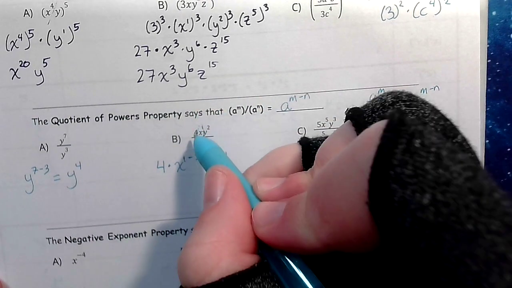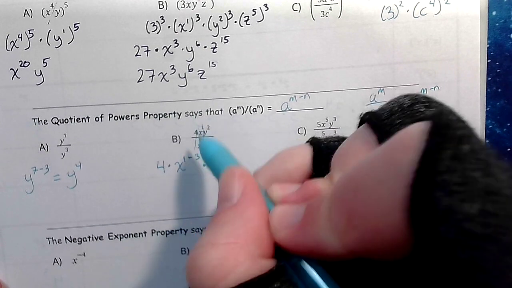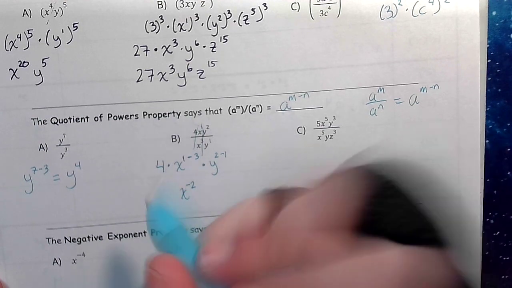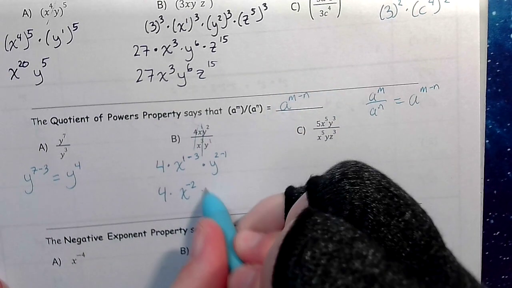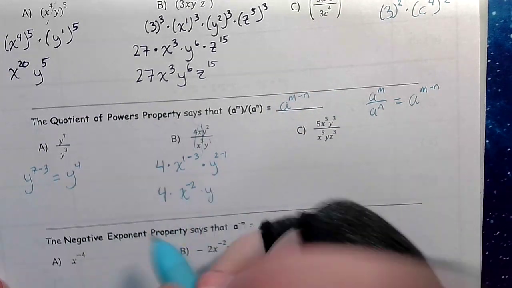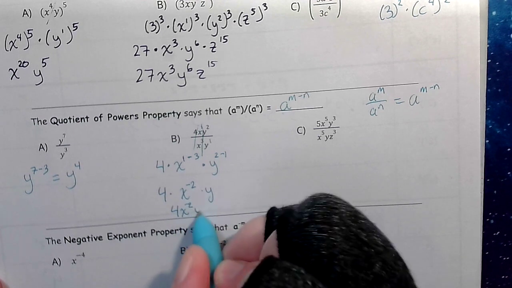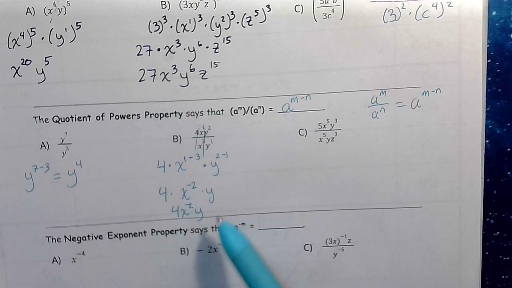If you can look and see, okay, well, 4 doesn't have a partner, so that's just going to stay 4. X to the first over x to the third, that's going to get us x to the negative 2. And then y to the second over y to the first is just going to be y. That's also fine. 4x to the negative 2, y. In the next part, we'll get to how to simplify that x to the negative 2.